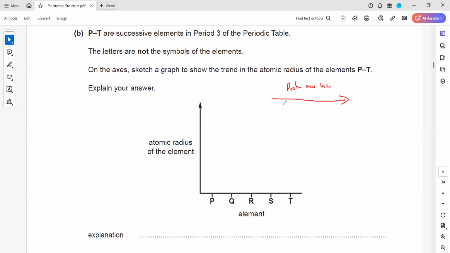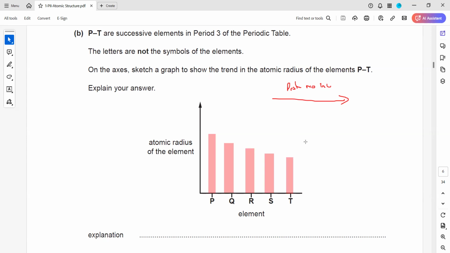So attraction will also increase. So if this was a size of P, then the size of Q, then R, S, and T. Because it is in the same period, the size will decrease.